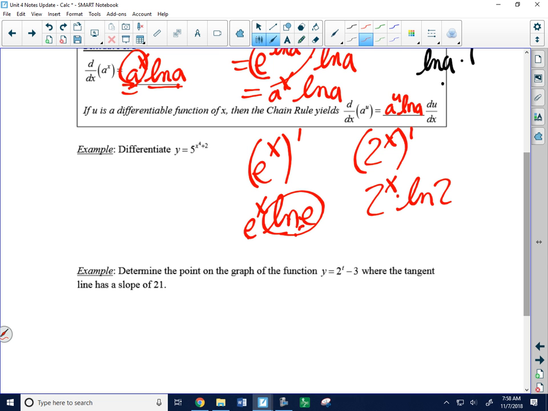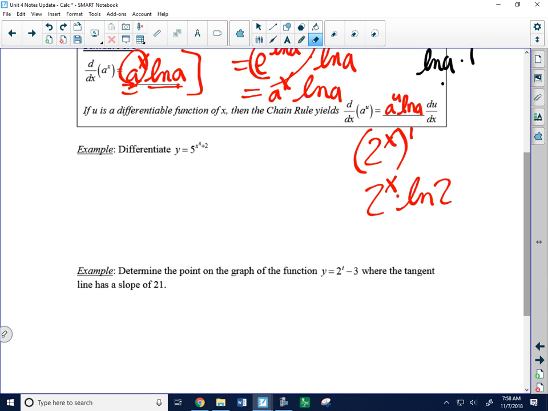Ln of the base e is 1. So what I'm showing you is this rule actually does both of the rules we did before. What's nice about e to the x is this part always becomes 1. So there's actually only one rule for this. It's this one. But the e to the x one is simpler. We don't need the ln part.